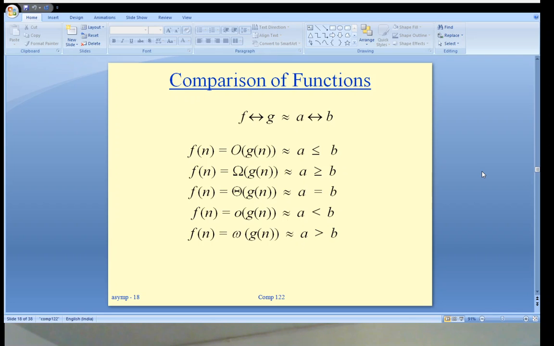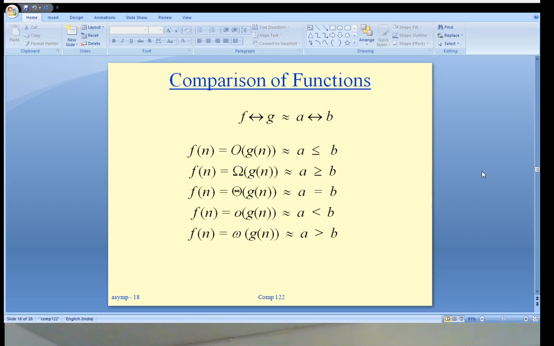In case f(n) is theta bounded by g(n), then a is equal to b, meaning both are nearly equal. And when f(n) is little o of g(n), then a is definitely less than b, not equal, it is clear cut.